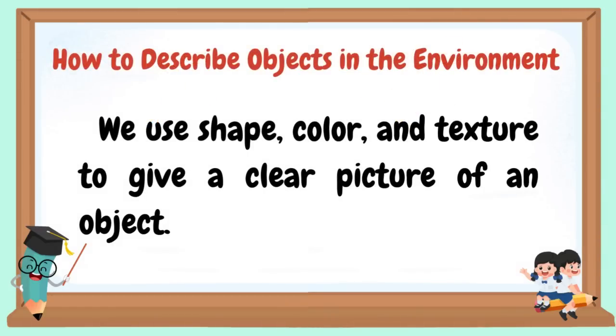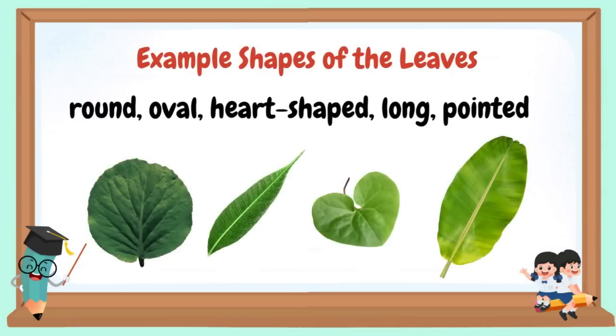We use shape, color, and texture to give a clear picture of an object. Example shapes of the leaves: round, oval, heart shaped, long, and pointed.